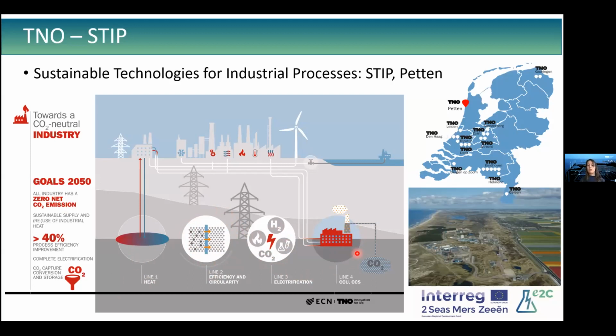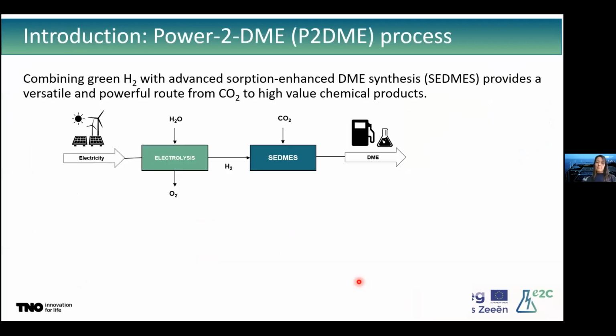So within the E2C project, we're working on a combination of all these last three lines that I just mentioned, because we're using hydrogen that's been produced from water electrolysis, and we're doing CO2 utilization by using separation technology as well. That's also the aim of the E2C project, to produce valuable chemical products by using renewable electricity, for example, from windmills and solar energy.